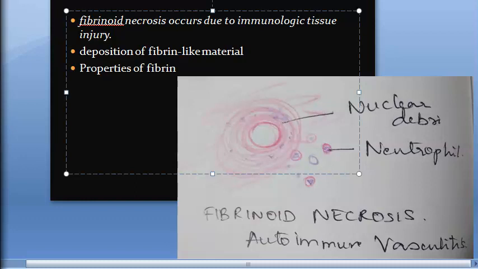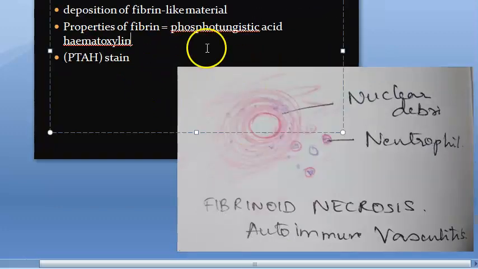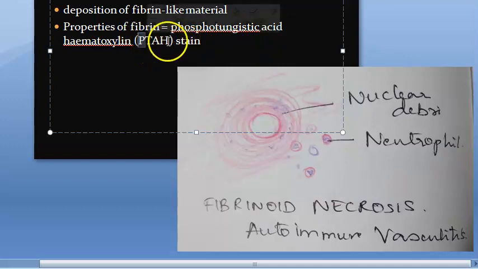It takes up the phosphotungstic acid hematoxylin stain. That is PTAH.